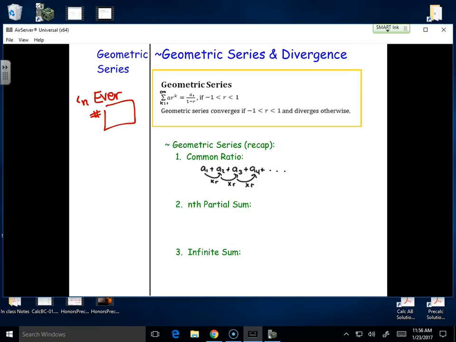Remember common ratio? Nth partial sum. Oh, we just talked about this. The nth partial sum is a sub 1 times 1 minus r to the n, all over 1 minus r, but yay, it's not in the yellow box.